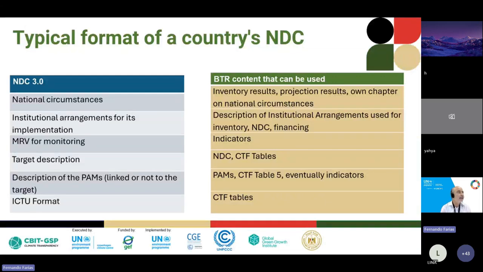This is an example that I have seen in countries, that the NDC 3.0 is much more limited in terms of identification of indicators, because countries realize, first, that it is not needed to have a big number of indicators under the Paris Agreement, and second, that it is difficult to gather the information for filling a big number of indicators.